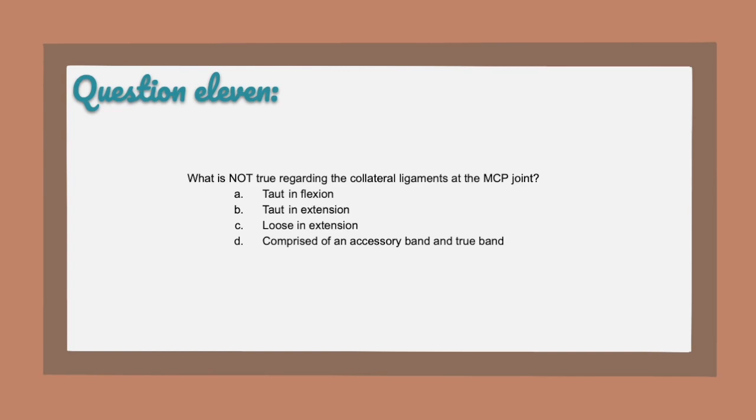Question 11. What is not true regarding the collateral ligaments at the MCP joint? A. They are taut in flexion. B. They are taut in extension. C. They are loose in extension. Or D. Comprised of an accessory band and a true band.